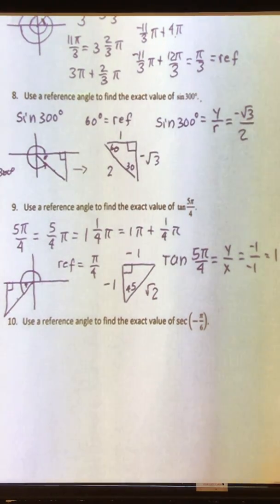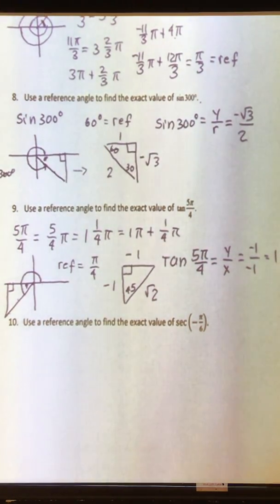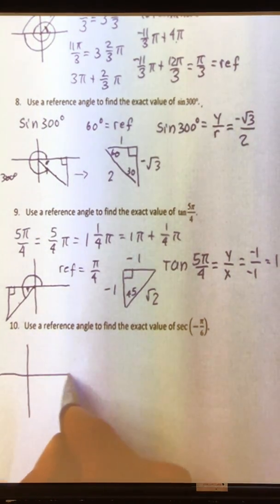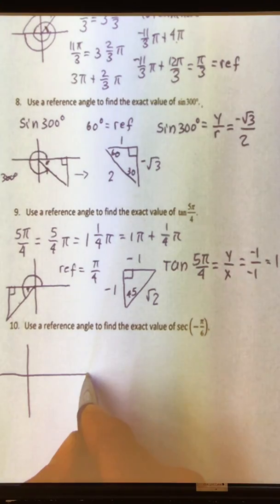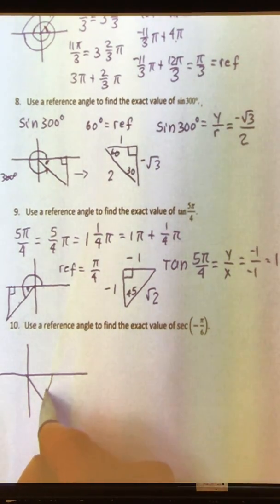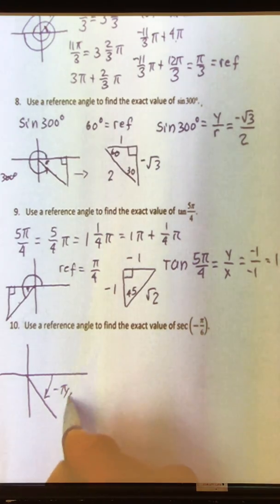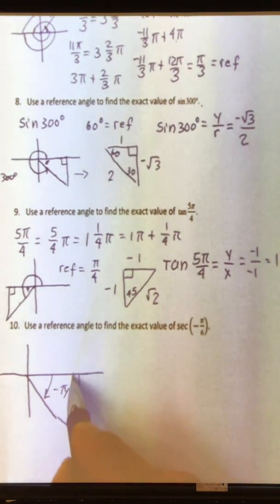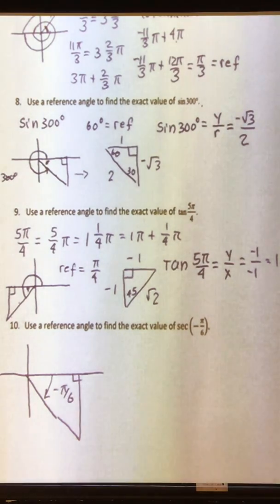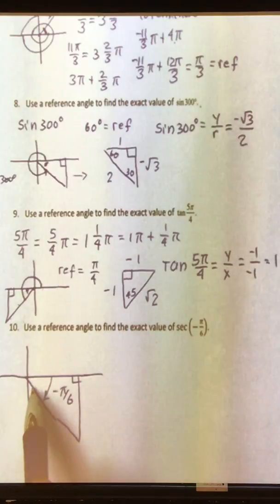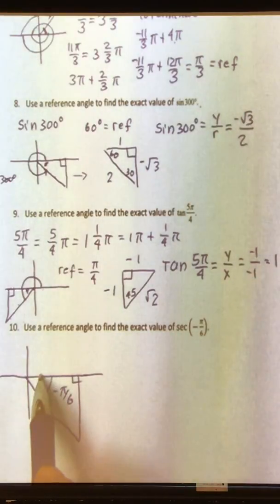One more time, secant of -pi over 6. Okay, draw the picture. Negative rotation by pi over 6 is a small rotation this way, minus pi over 6. So that'll give us our right triangle there in the 4th quadrant. Now the reference angle in quadrant 4 is always between the terminal side of the angle and the positive x-axis.